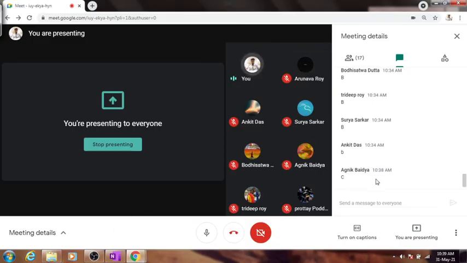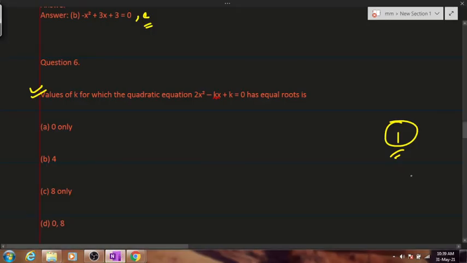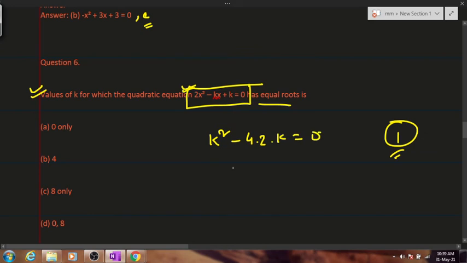Now you need to hurry up. Only Agnik has answered. Anyone else? No one has answered. Agnik, tell me. For equal roots, we know, sir, we'll use b square minus 4ac equal to 0. 4 into a into c will be equal to 0. Clear?